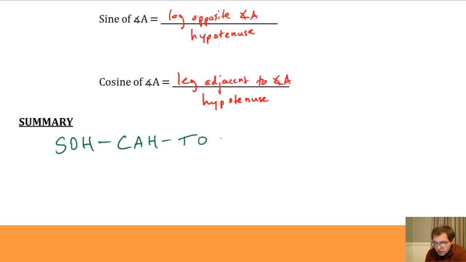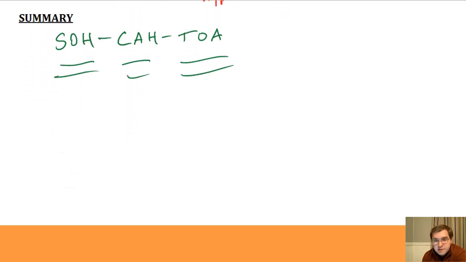Tangent is opposite over adjacent. SOH CAH TOA. Just remember SOH CAH TOA, and you'll remember the three main trigonometric ratios: sine, cosine, and tangent. You will want to memorize that.